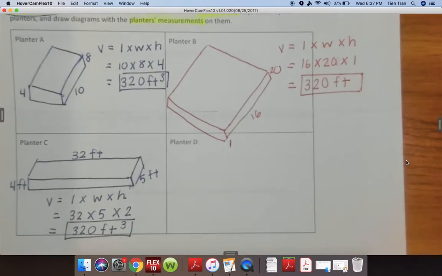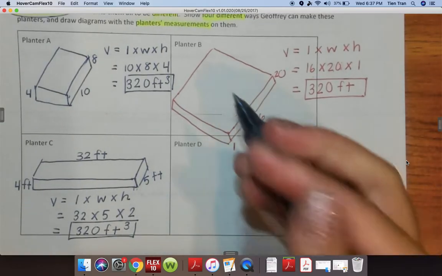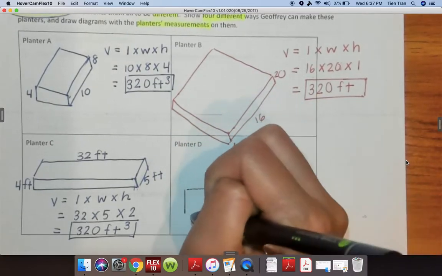Now, my last one over here, I'm going to draw another rectangular prism.